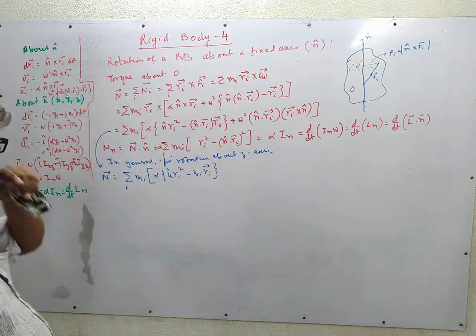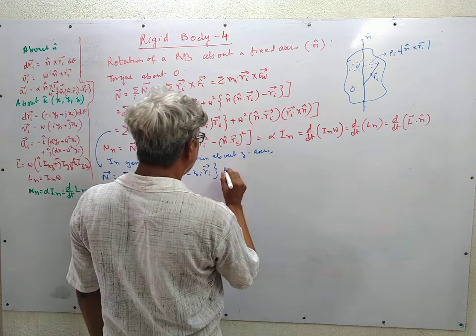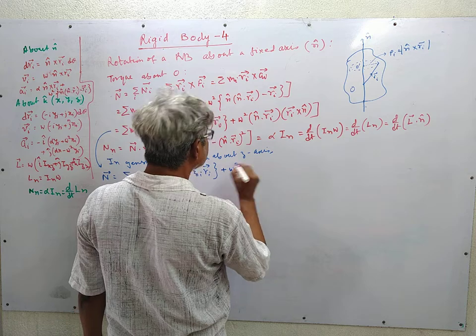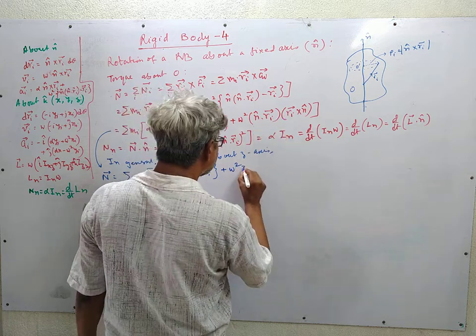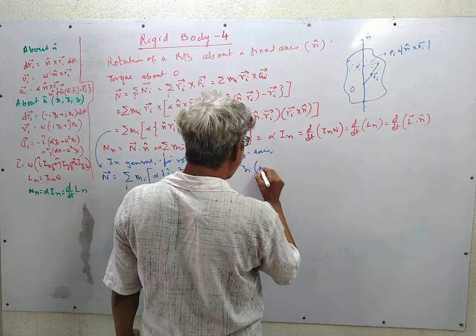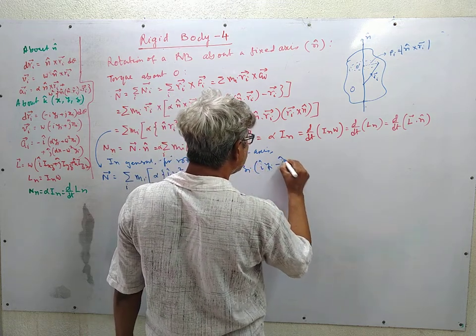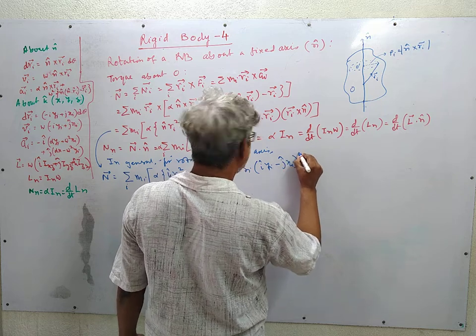And this part is plus omega square, this part is simply z_i, and this cross product is i cap y_i minus j cap x_i.